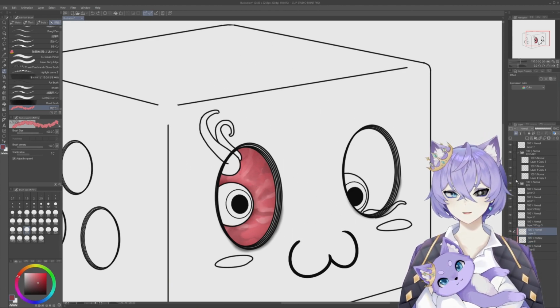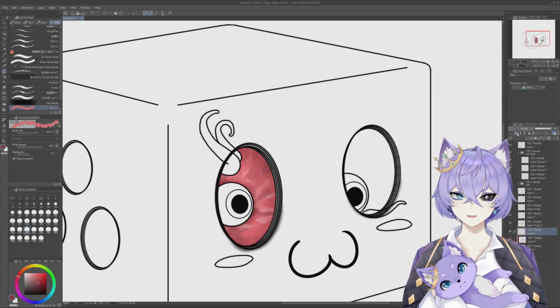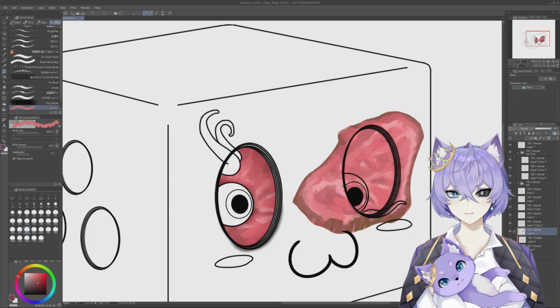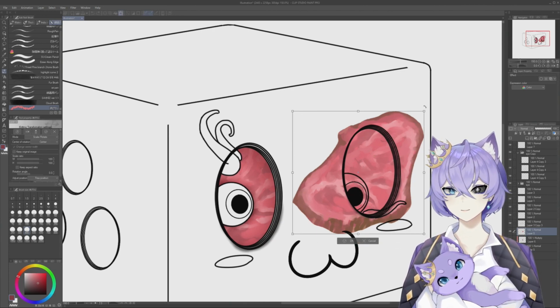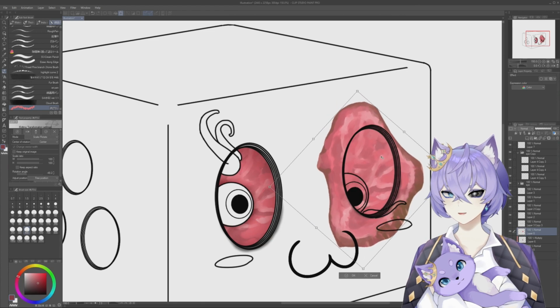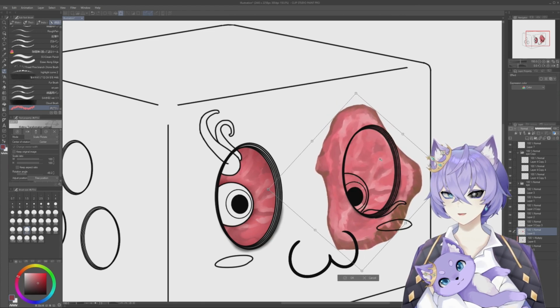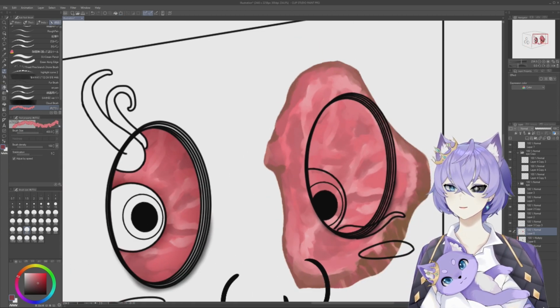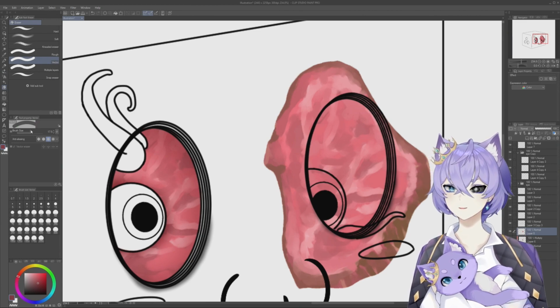Oh, because I have it clipped down. Don't need to clip that. And then we take the meat, position it so that it fits right where the eyeball would be going. There we go. And then we delete the meat.